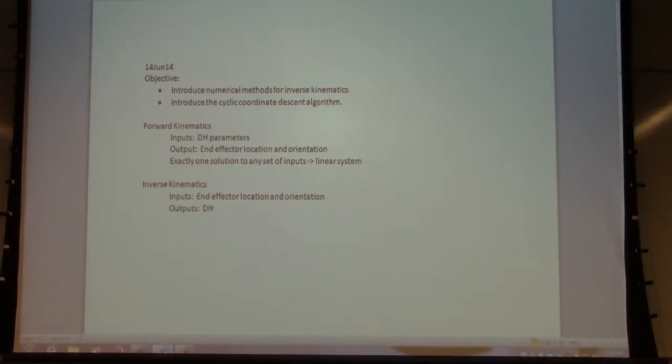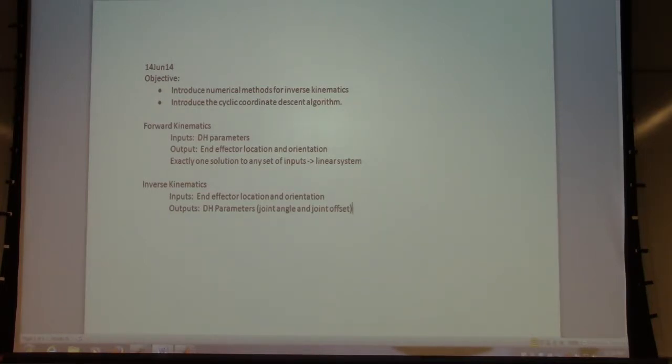and the outputs then are the DH parameters. Now, not all of the DH parameters, specifically the joint angle and joint offset, depending on if it's a revolute or a prismatic joint. In our case, we know we're going to be working exclusively with revolute joints.